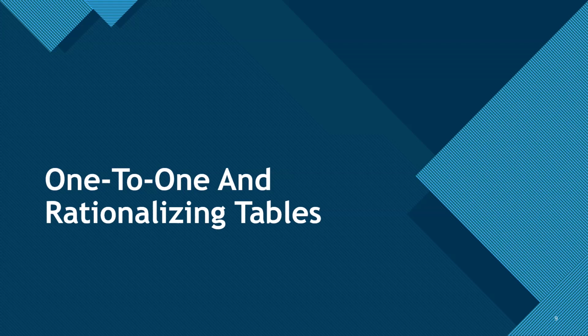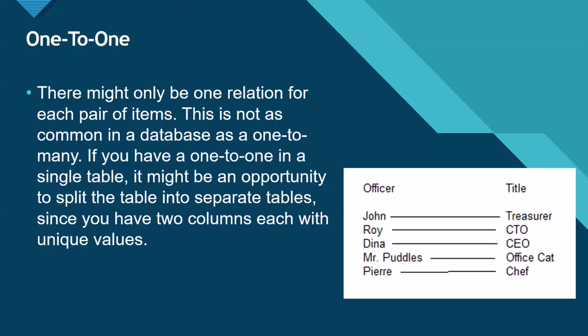So let's rationalize. What I really wanted to do here was rationalize the tables that have many one-to-one relationships and split them up. So we had here the one-to-one relationship. The executives are on the left and their titles are on the right.